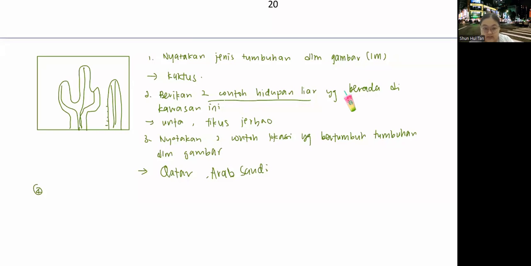Now, then they may ask you this way. Okay. Normally for this is gurun panas, right? Gurun panas normally they will ask you about iklim. So they will say, bagaimanakah iklim mempengaruhi tumbuhan di atas.